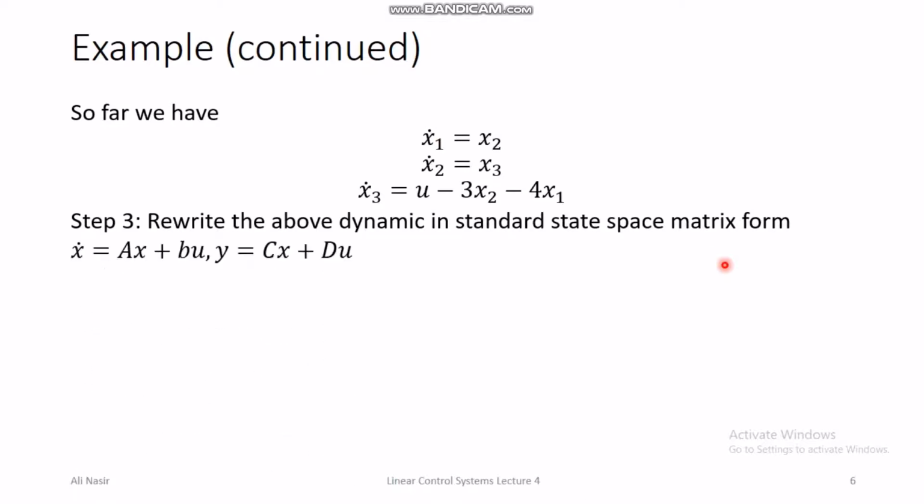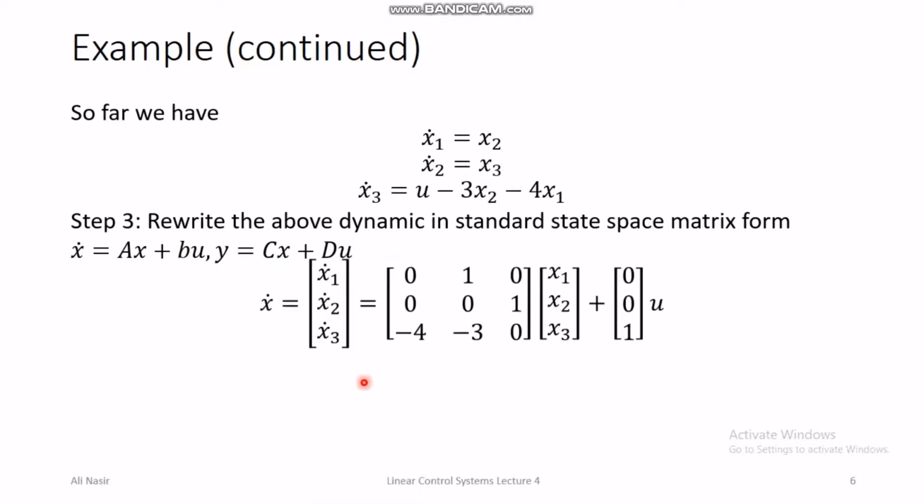So if you write this into x dot equal Ax plus Bu, y is equal to Cx plus Du. I can use the capital B here because in the previous slide the B was capital, so it's just a typo.